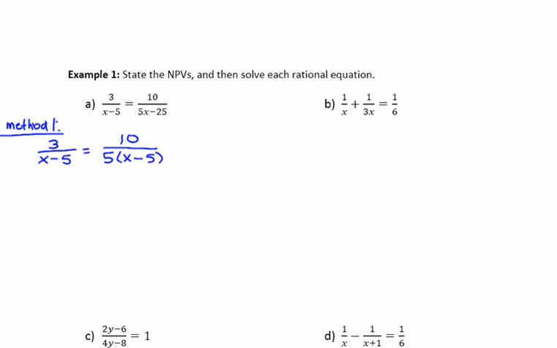Okay, so we want to get rid of the fraction. We want to multiply both terms by the lowest common denominator. All we have to do to figure that out is make sure everybody on the denominator is represented. So what would be the lowest common denominator here? x minus 5, and what else is on the denominator? A 5. So we're going to multiply both sides by 5 times x minus 5.